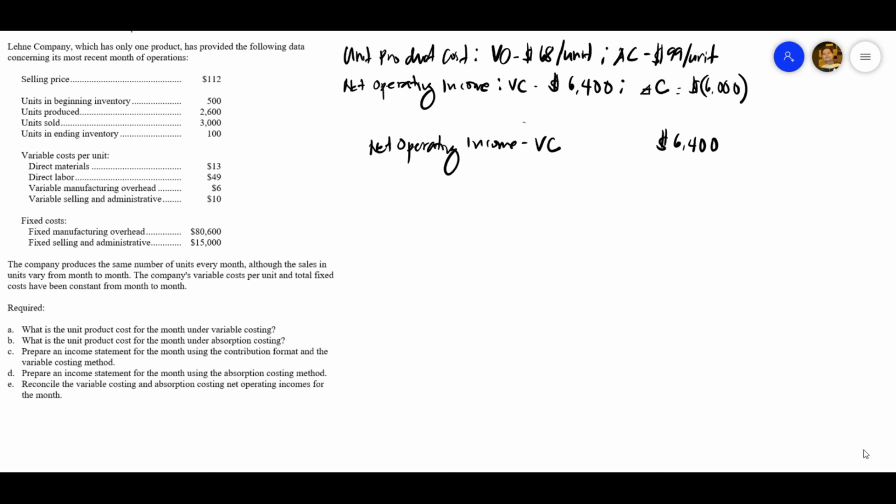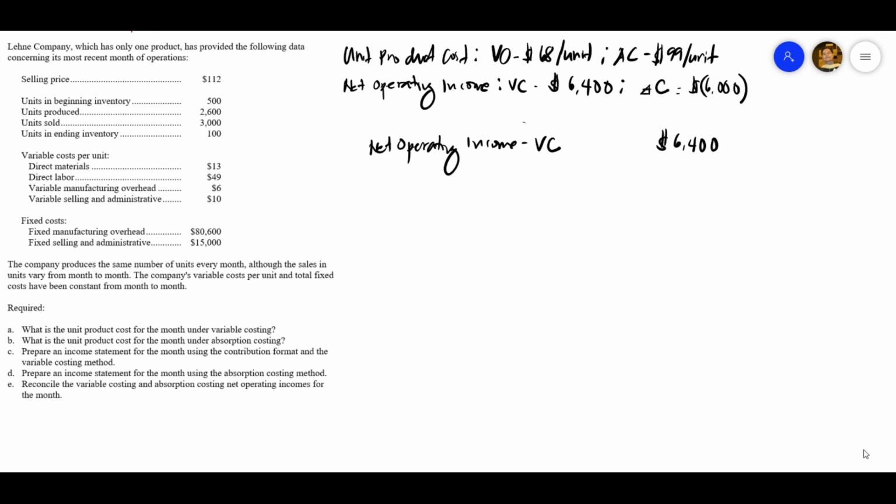Why? Please do remember that the fixed manufacturing overhead coming from the beginning inventory and the units produced for the month is now fully expensed for the current period. Okay? That makes the absorption costing having a lesser net operating income as compared to your variable costing.